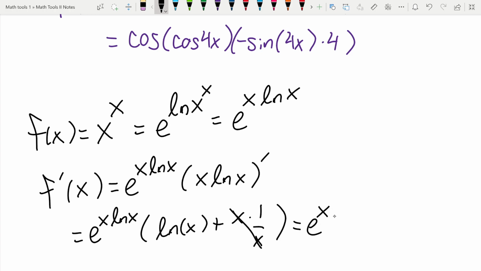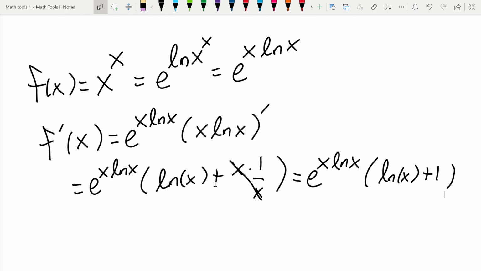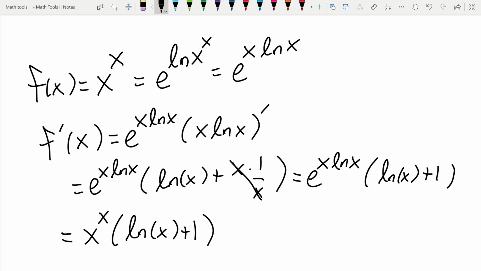So this is e to the x natural log of x times natural log of x plus 1, and e to the x natural log of x, we can write that back into the x to the x form. So this is x to the x times natural log of x plus 1.